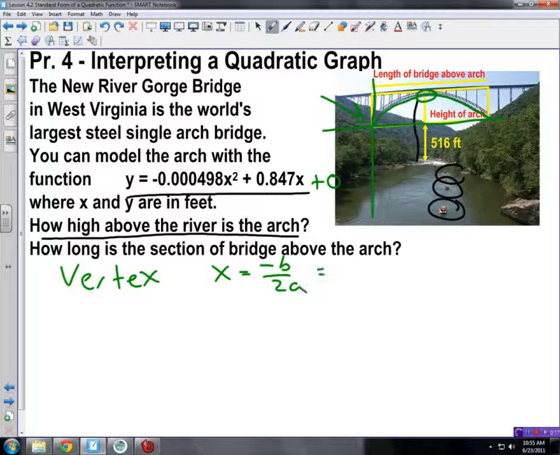Opposite of b is going to be negative 0.847 over 2 times a. Well, 2 times a, it's time for us to pull out the calculators. 2 times a, let's see.